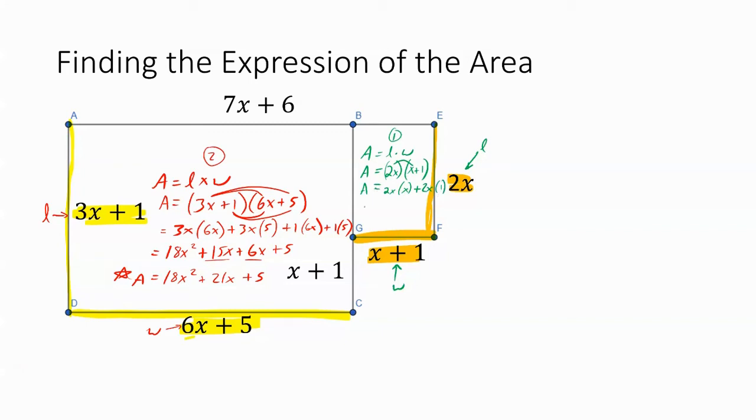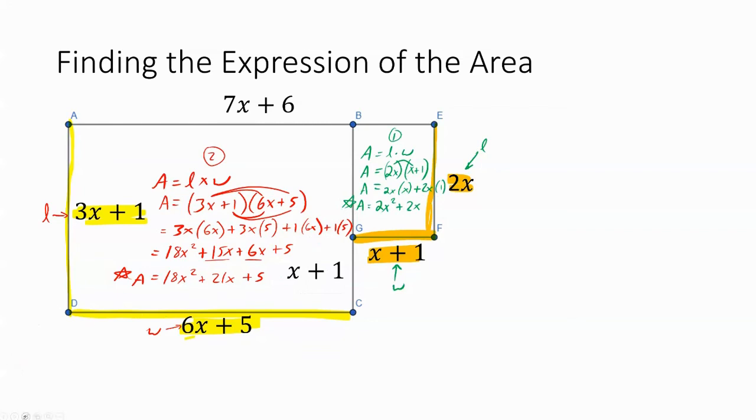So you should get the area equals 2x squared plus 2x. And that will be the second component we need to find our actual answer.